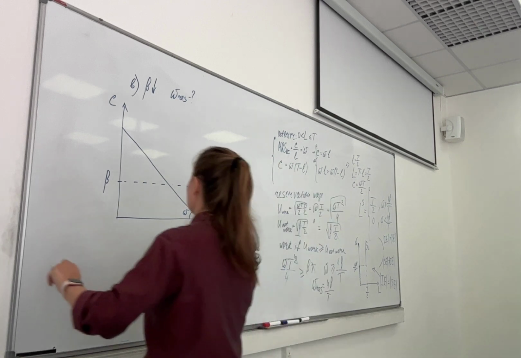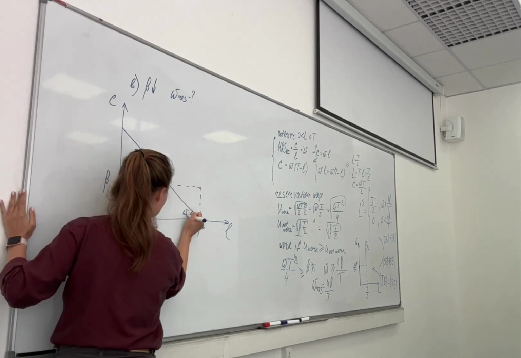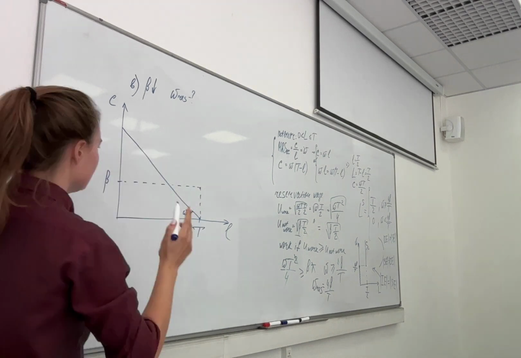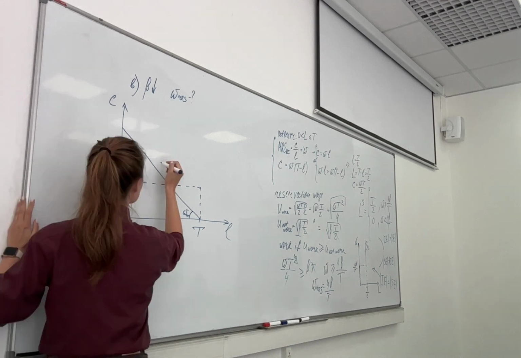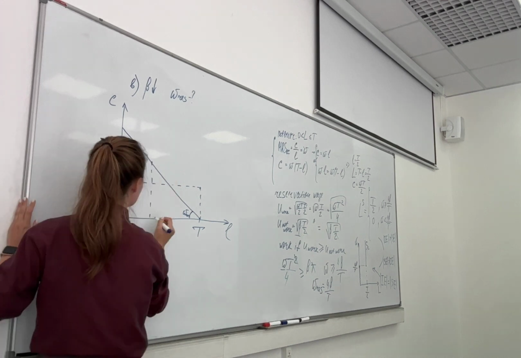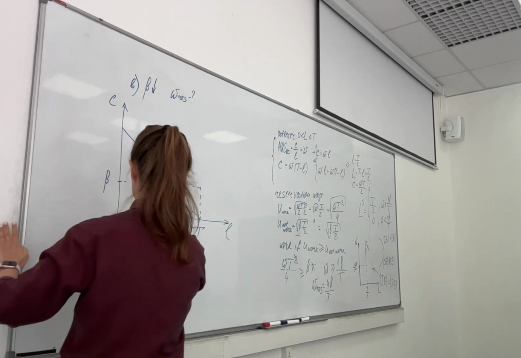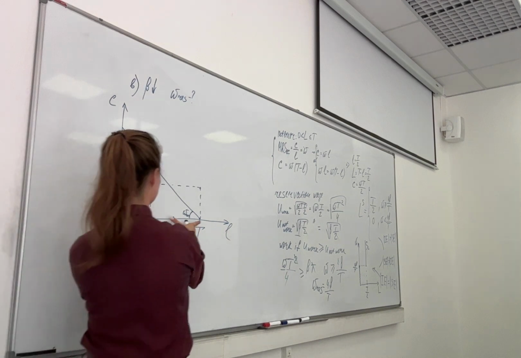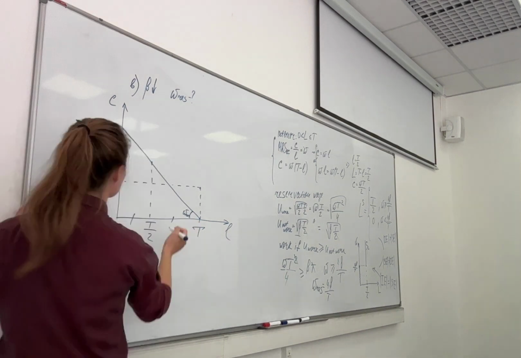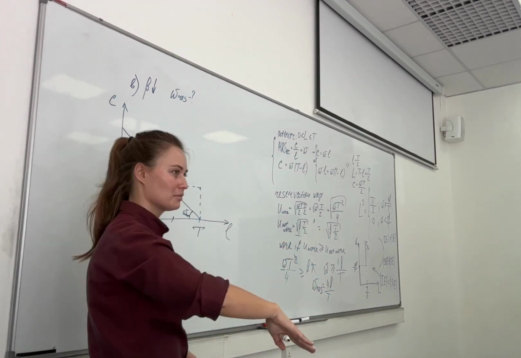So this wage, this slope, will be equal to the reservation wage if our choice to work is t over 2. They're equal to each other, and these two points should belong to the same indifference curve.